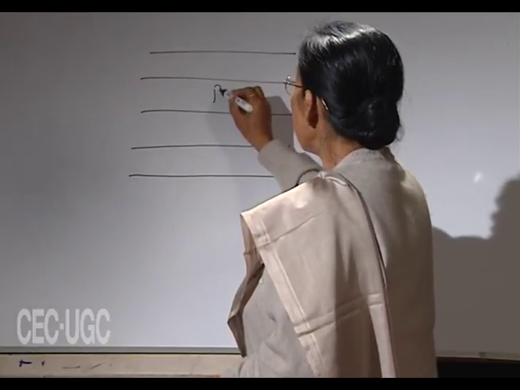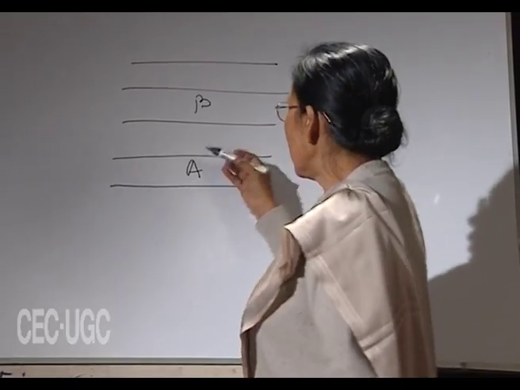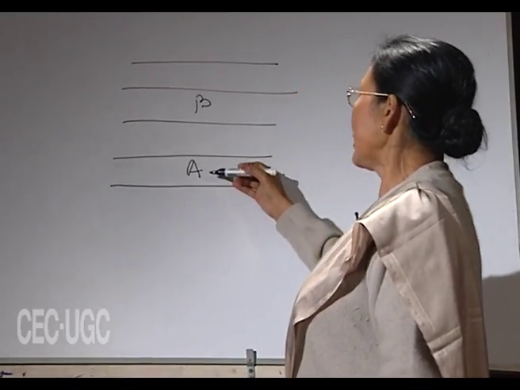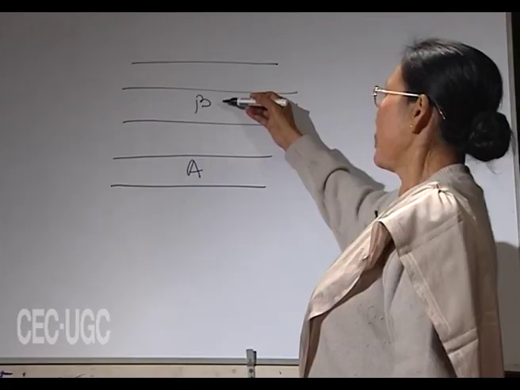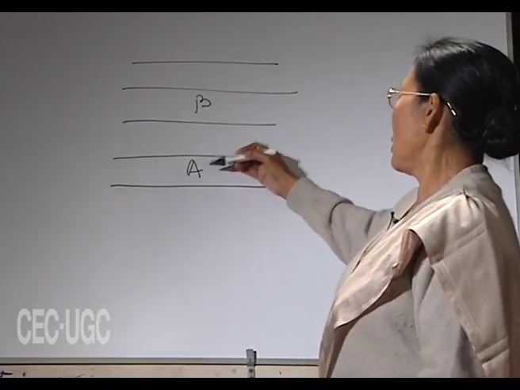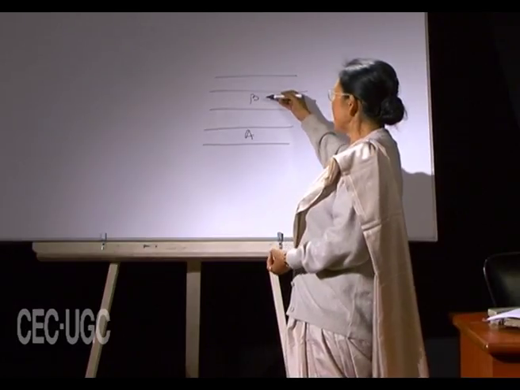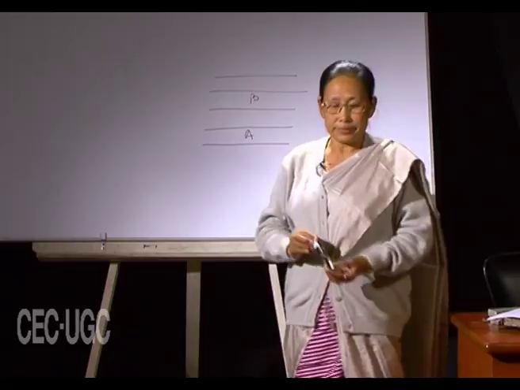Here we find culture B and we find culture A here. Then we can easily understand A is older than B or B is newer than A. But how many years older or how many years newer is not known to us.